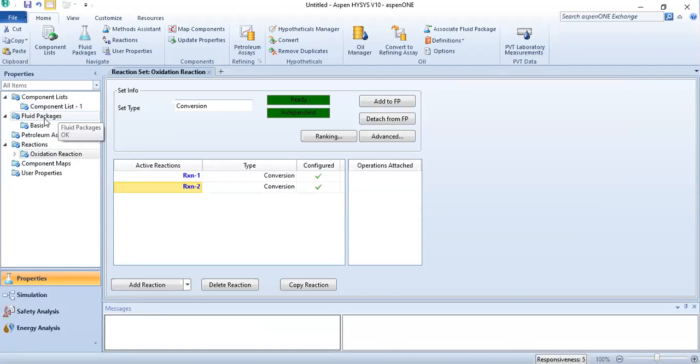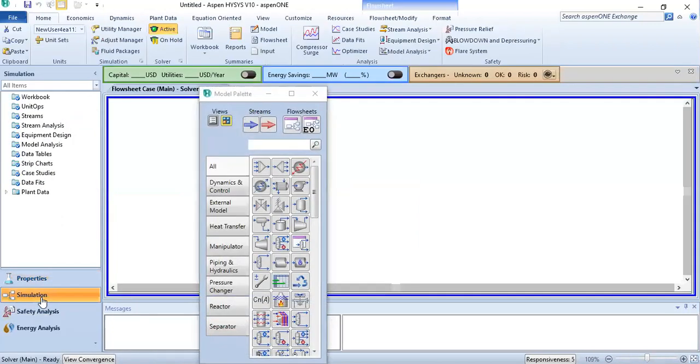But since we are doing the reactor simulation, the additional step we have taken is defining the reactions and attaching them with the fluid package. Then we enter the simulation environment.